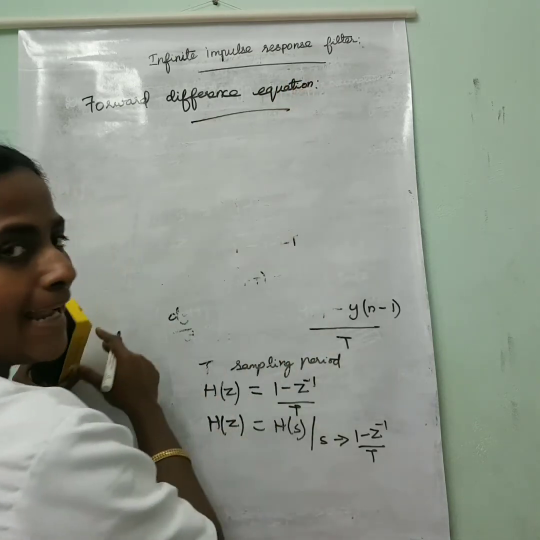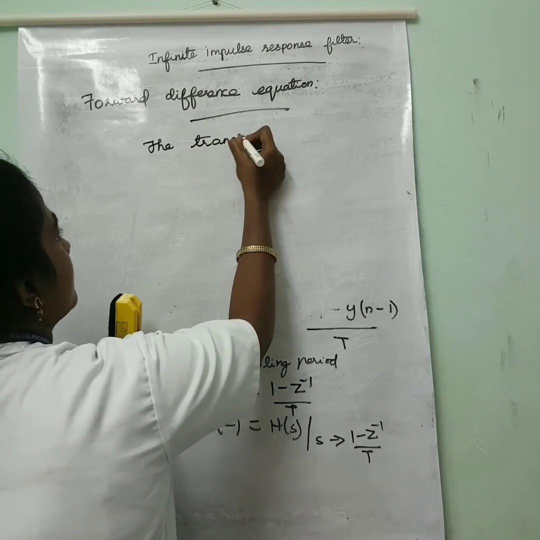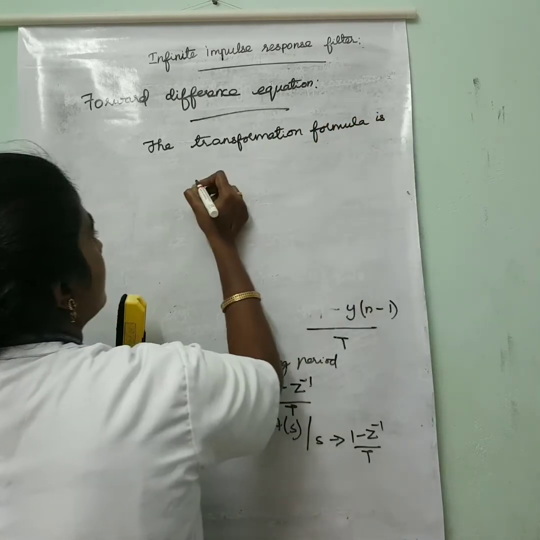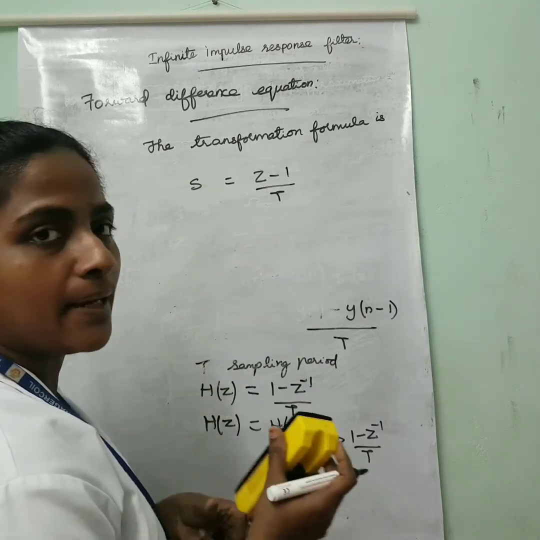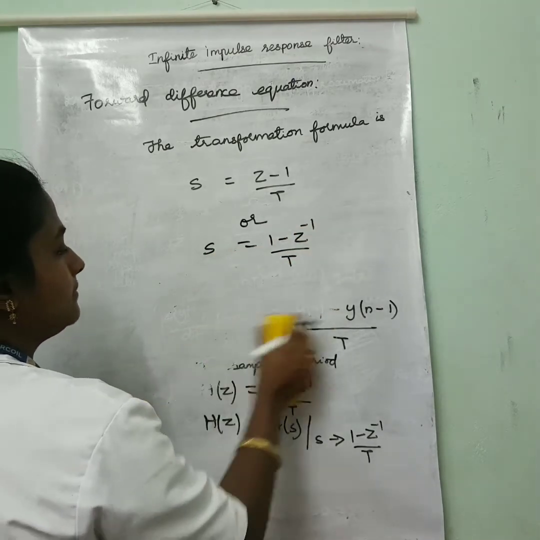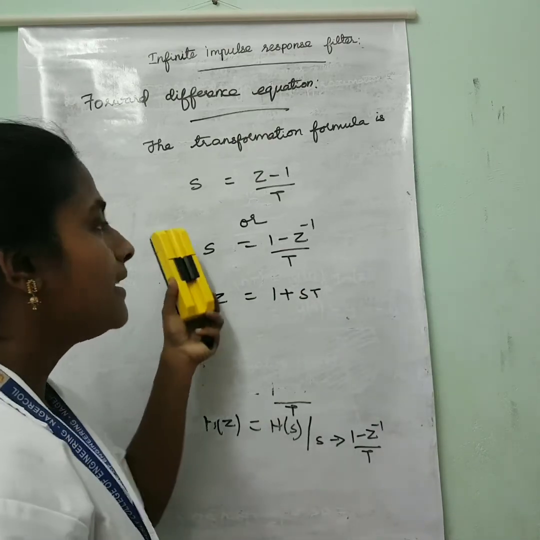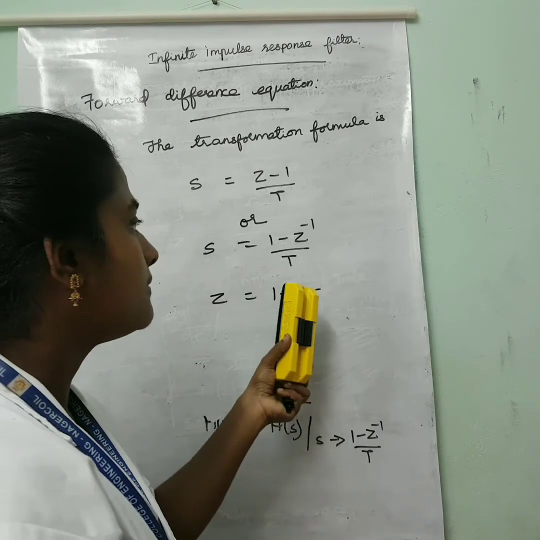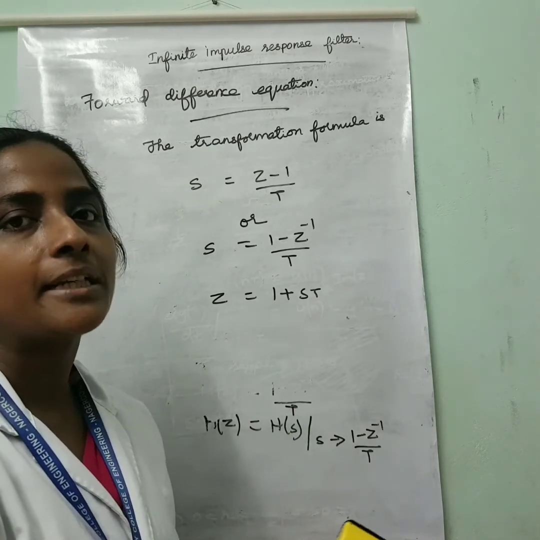Here the transformation formula is s equal to z minus 1 divided by T. This can also be written as s equal to 1 minus z inverse divided by T. Therefore, z is equal to 1 plus sT. So, using this formula, we can do the problem.